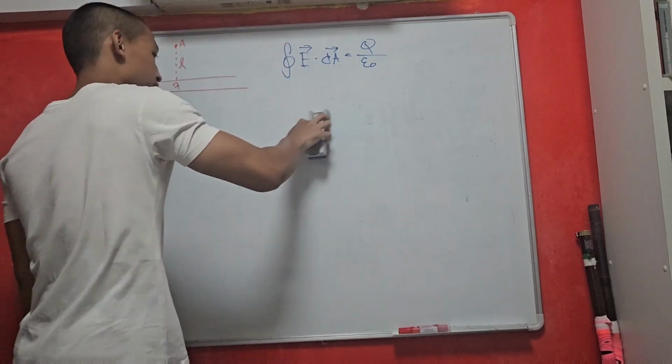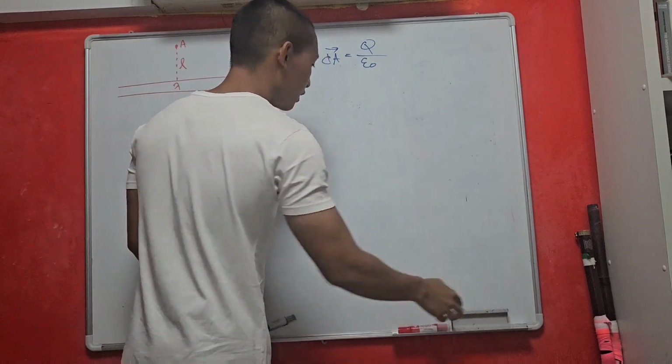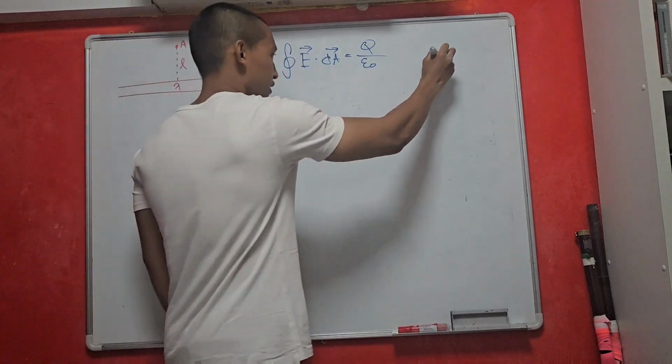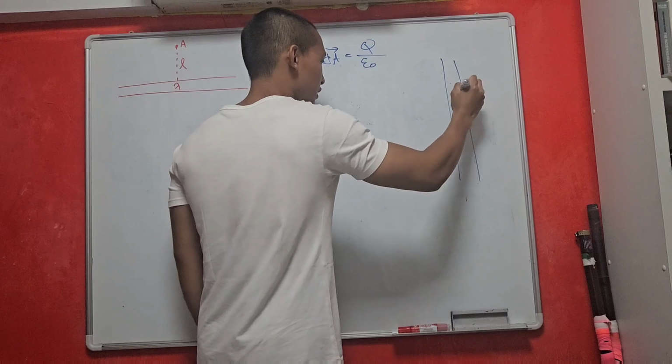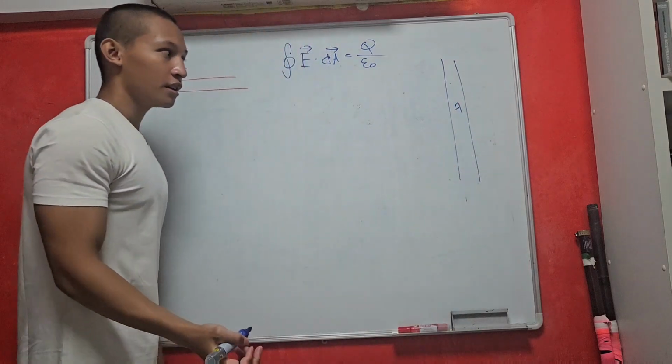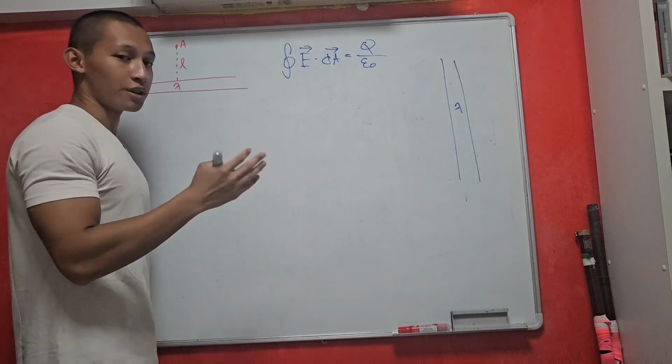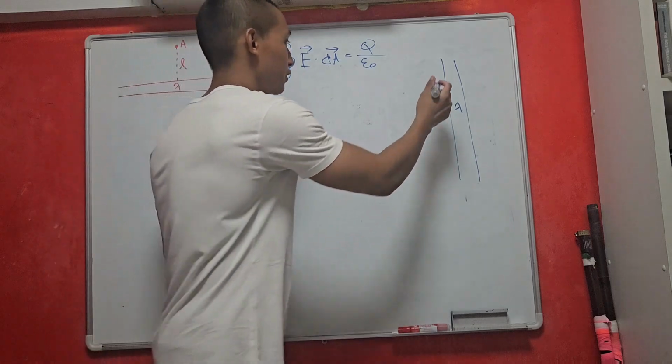So for us to use Gauss's law, we actually have to draw another diagram. So let's draw the same wire, with charge density of lambda. And for this diagram, we have to draw the Gaussian surface, also known as a closed surface.